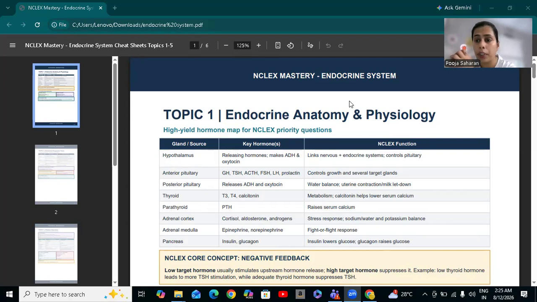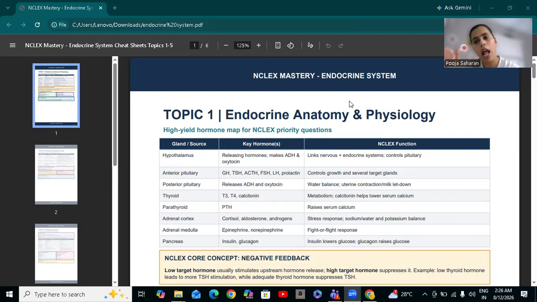Again, I'm saying don't get scared of these terms. Later on, when we discuss a gland in a particular way, you're going to remember it. Now, if we talk about aldosterone, it is one of the hormones that basically maintains the balance between sodium, water and potassium.